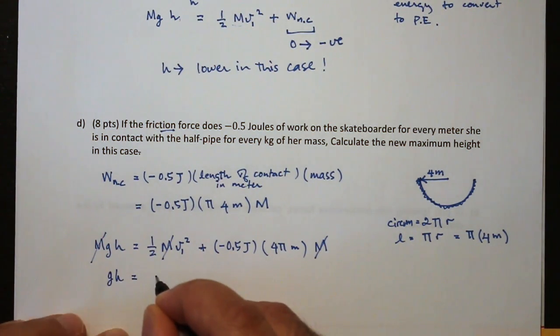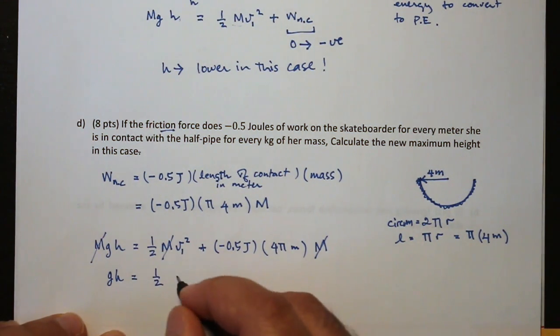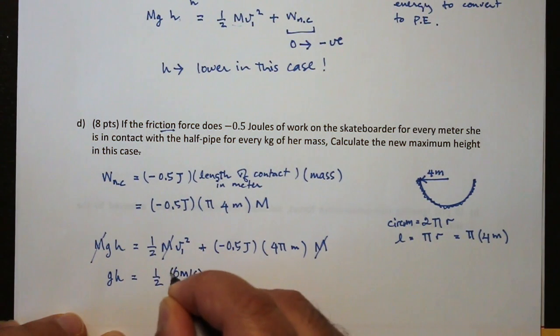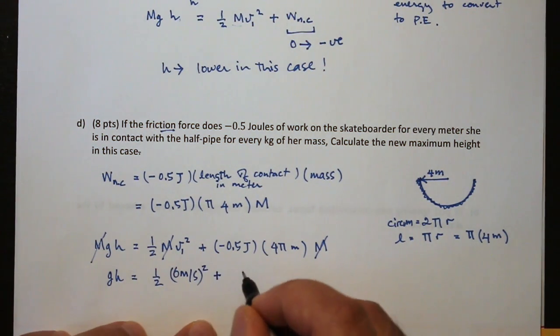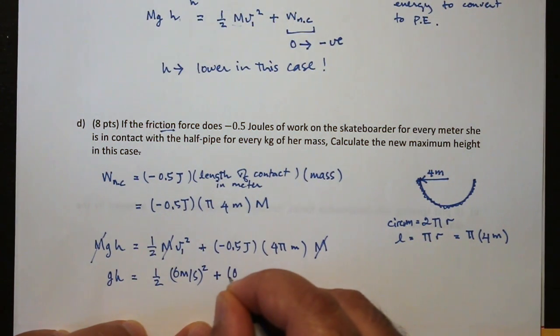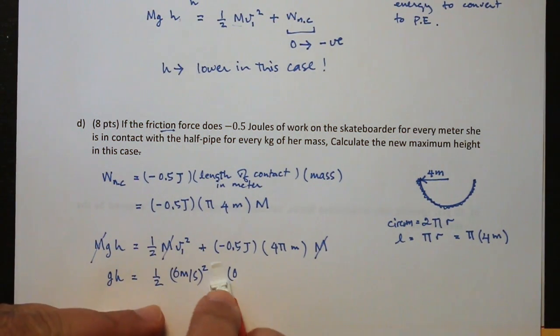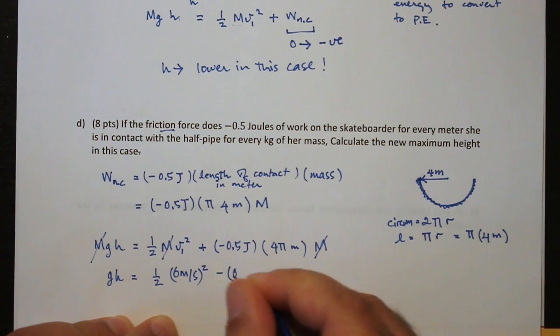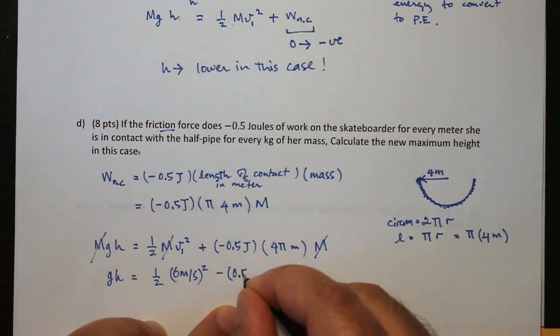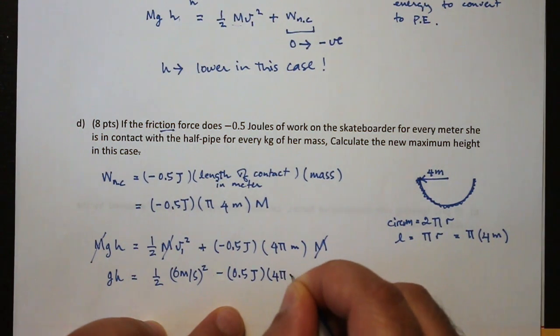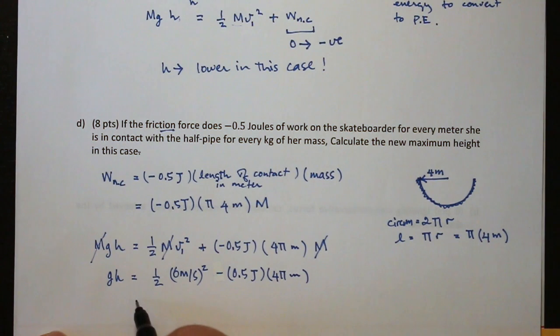gh is equal to half v1, which is 6 meters per second, squared, minus half a joule multiplied by 4 pi. So if I sub in, then it's half times 36, that's 18, minus half times 4, that's 2 pi, over g.